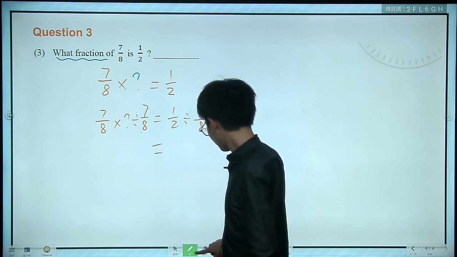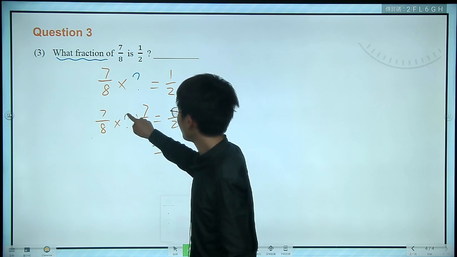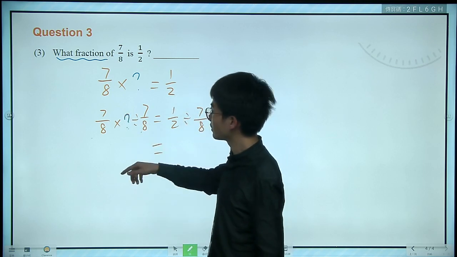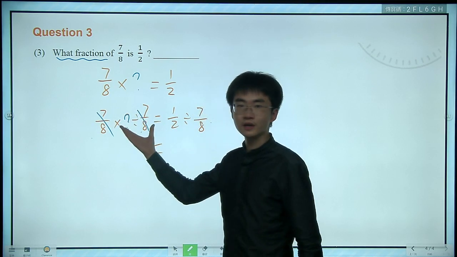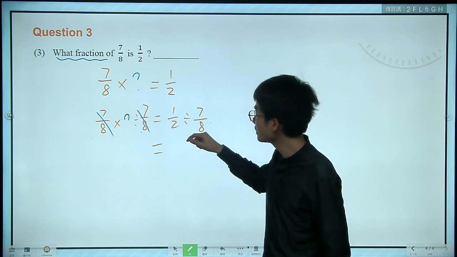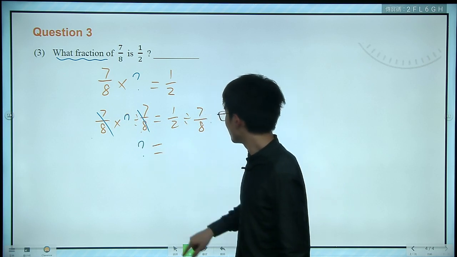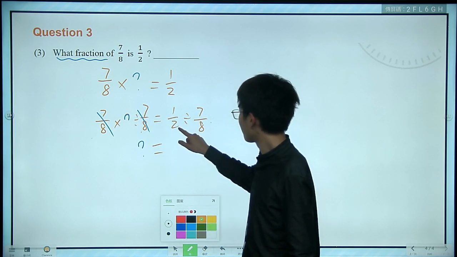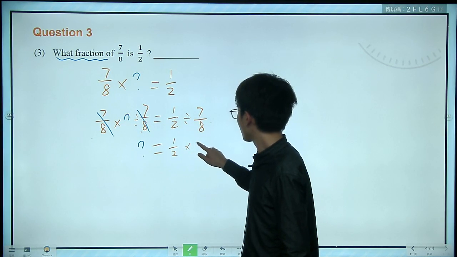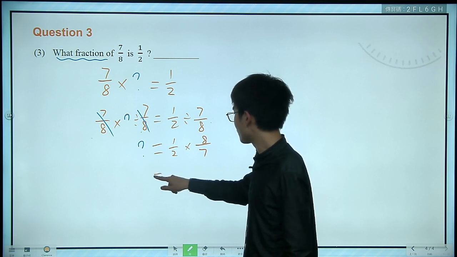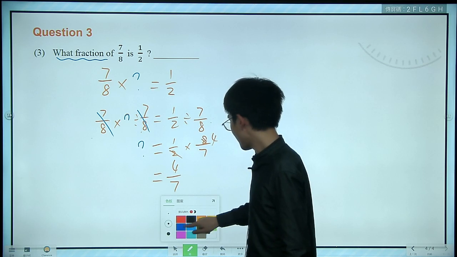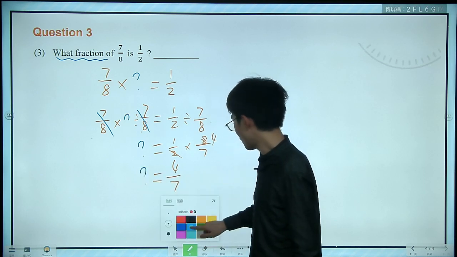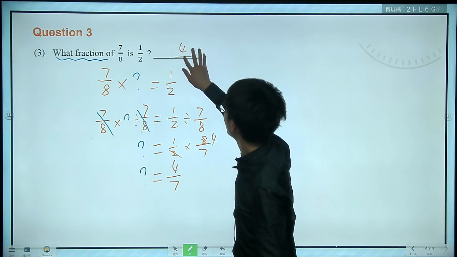So if I divide this part, these two are the same, so you just cross it out, and you will get question mark equals 1/2 times 8/7. And the question mark will be 4/7. So it will be the answer, 4/7.